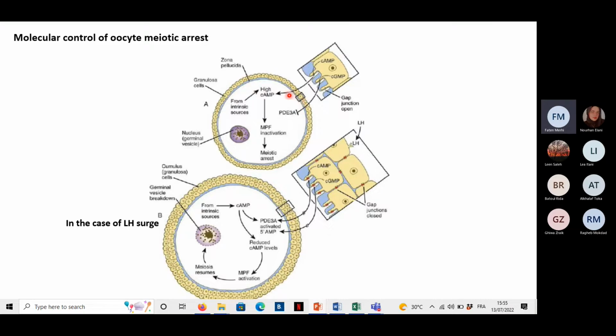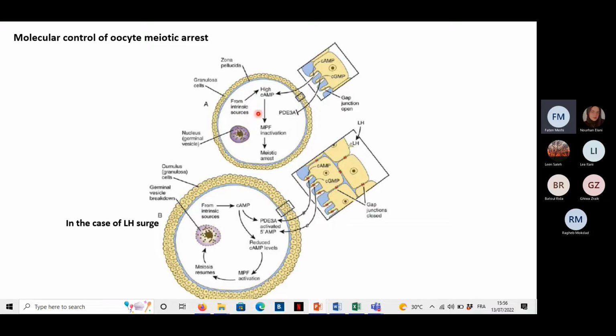Those gap junctions can be maintained under the action of the OMI, the oocyte maturation inhibitor produced by the granulosa cells. If the levels of this oocyte maturation inhibitor are decreased, we will have closure and disruption of those gap junctions.